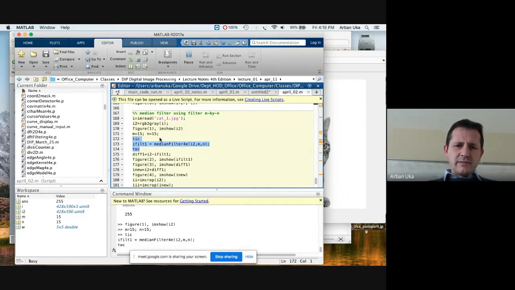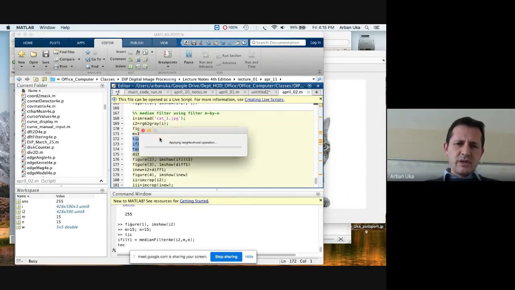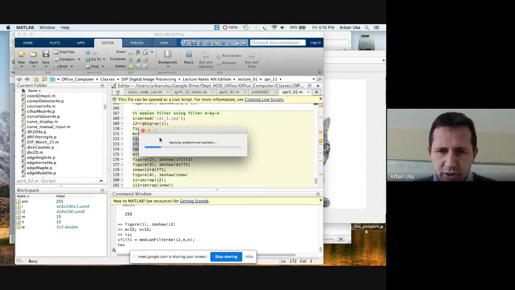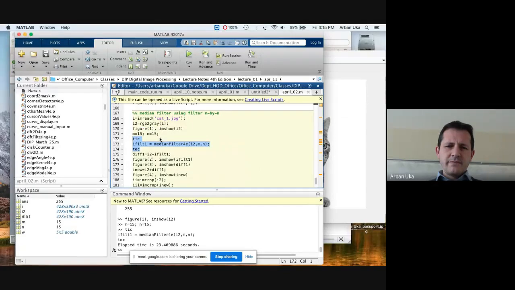it's still running. Okay, so it looks like the image is not a very large one. It's applying neighborhood operations. I guess you can see this. Really time-consuming. Okay, we're lucky that it took 23 seconds. Okay, that's a lot, actually.